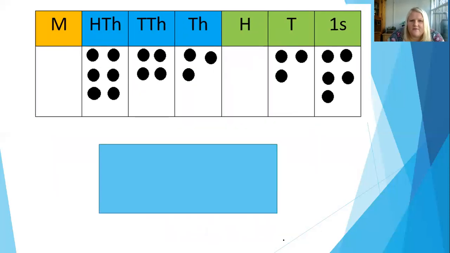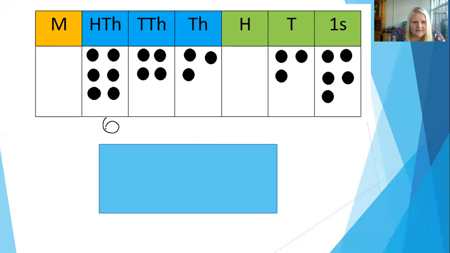Okay, right, have a go with this one. What number have we got here? See if you can write it down. So we have got, let's see if I can get my pen in the right place this time. Oh, there it is.